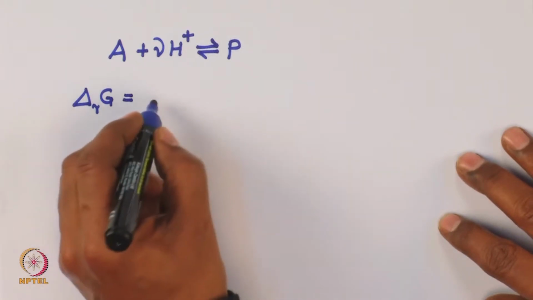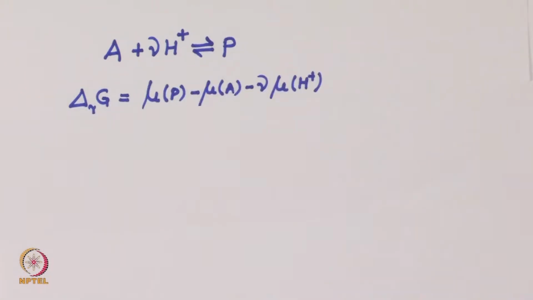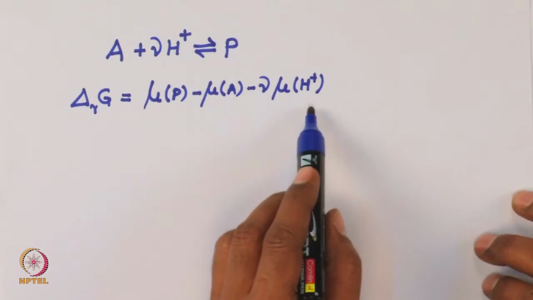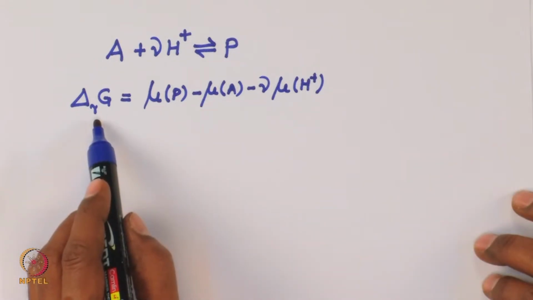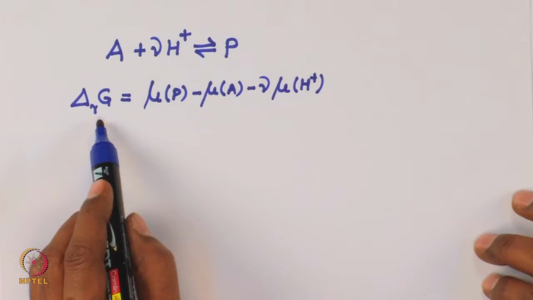So, it will be equal to chemical potential of P minus chemical potential of A minus nu times chemical potential of H plus. And it is these chemical potentials which will decide the sign of reaction Gibbs energy.